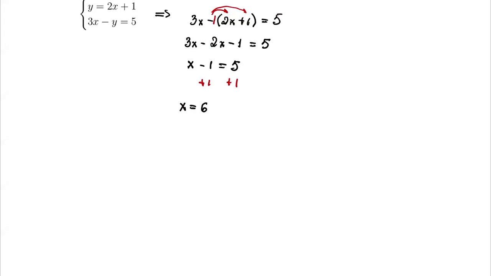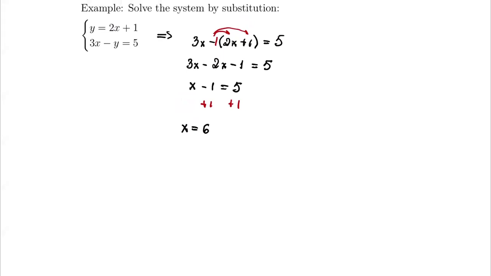Now we are going to use this value in the first equation here to find the value of y. So we say that we substitute 6 for x in this equation to get the value of y. So we get y = 2 times 6 + 1.